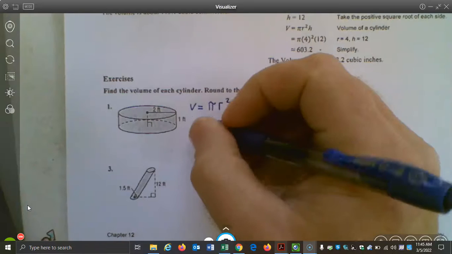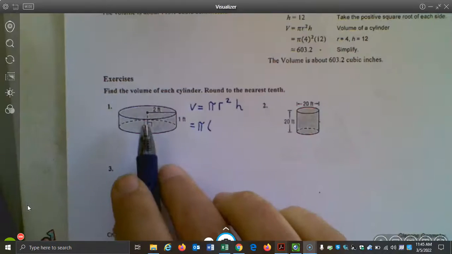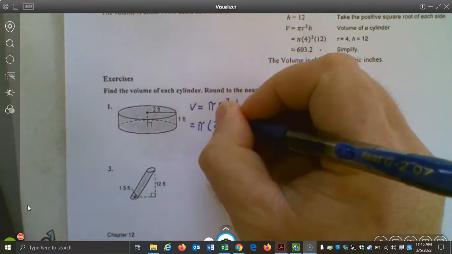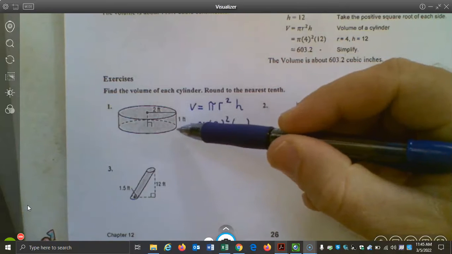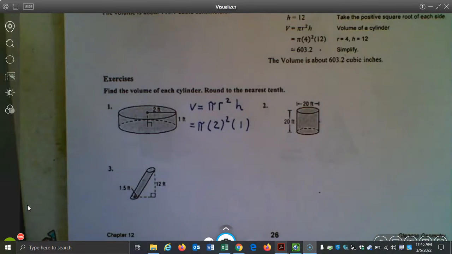So as we look at this one, we're going to simply say that our radius, as we can see, is 2. And the height would be whatever connects our two bases together. In this case, it's simply a 1. So it looks like this.